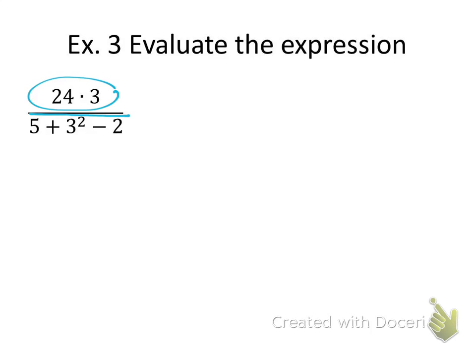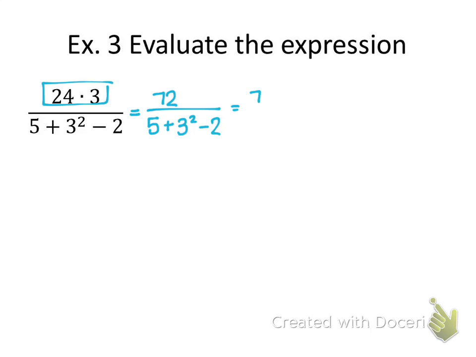So what I'm going to do first is I like to take care of what's in the numerator. So 24 times 3 is 72. I keep my division bar, and I'm going to rewrite what's on my denominator. And then I'm going to solve on my denominator, but I need to do order of operations. This 72 hangs out up here until I need it again, okay?